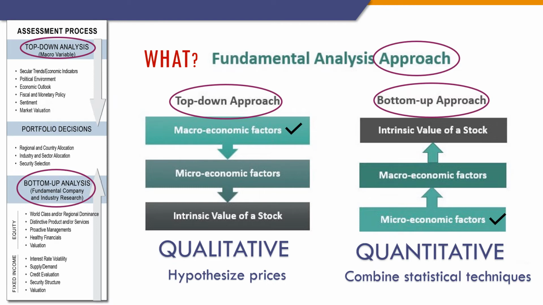And if it is equity, we have to look at regional dominance, the product or the services that is distinctive to the organization. Then for portfolio decision, we have the regional and country allocation, the industry and the sector allocation. Then we have your security selection.